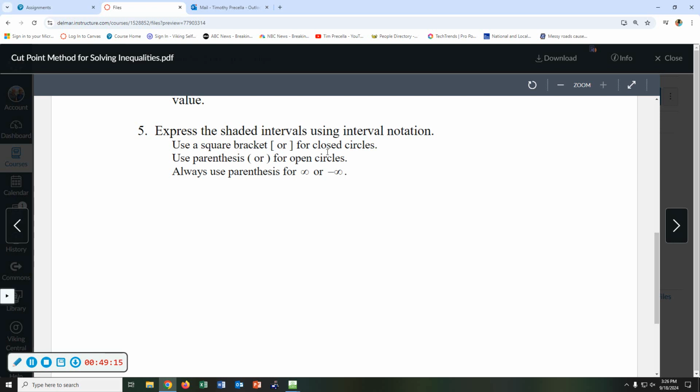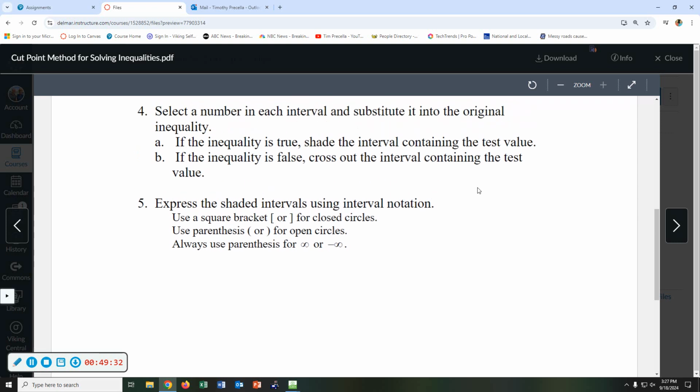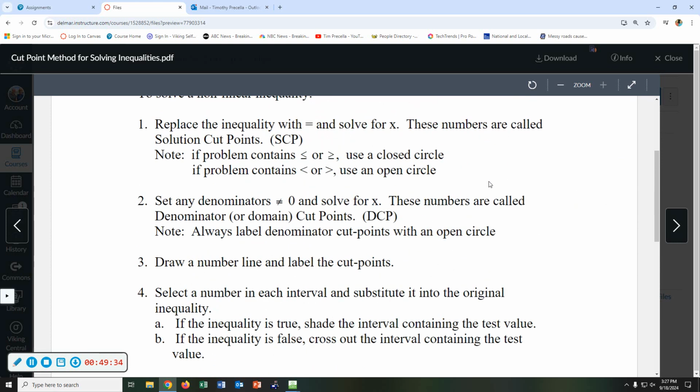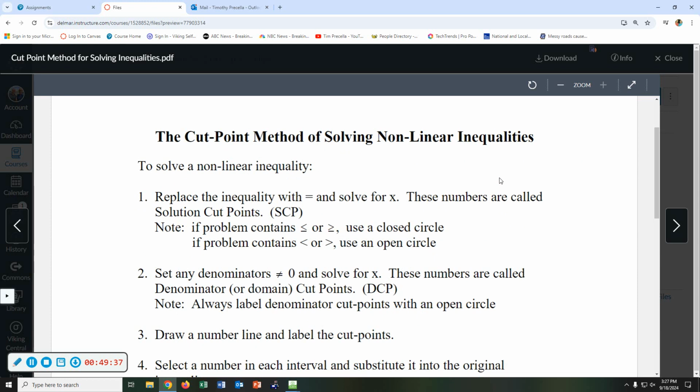Use a square bracket for closed circles. Yeah, we said that. Use parentheses for open circles. Yeah, I said that. Always use parentheses for infinities or negative infinities. I think I said it all. And so this little recipe will solve any type of inequality for which there's a solution to find.